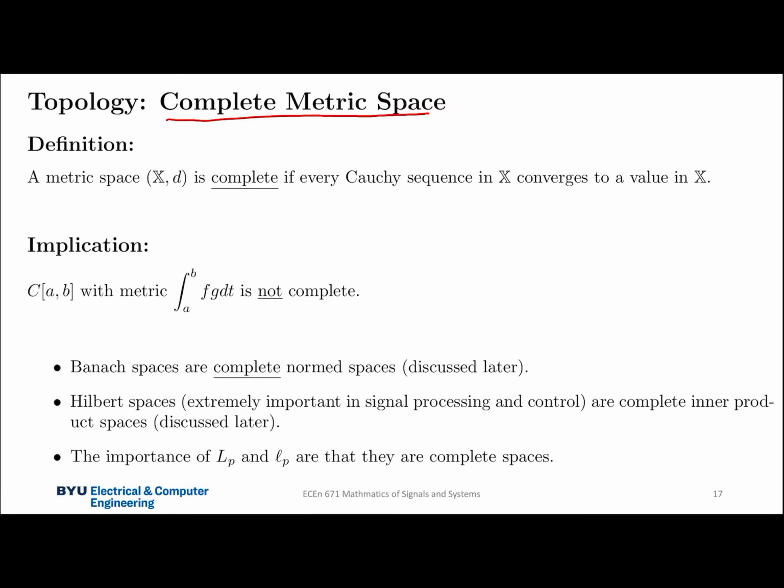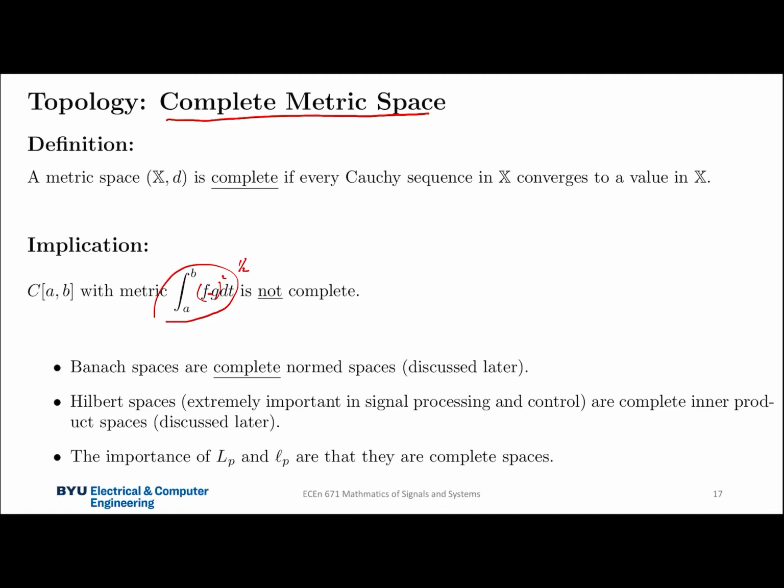So this is a very important idea. We say that a metric space (X, d) is complete if every Cauchy sequence in X converges to a value inside of X. In other words, we don't have this defective situation where we have sequences that are Cauchy, but they don't converge to something inside of X. So, for example, C[a,b] with the metric (integral of (f minus g) squared) to the 1/2 is not complete.